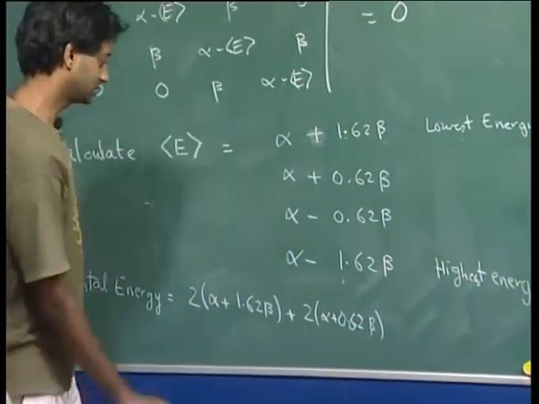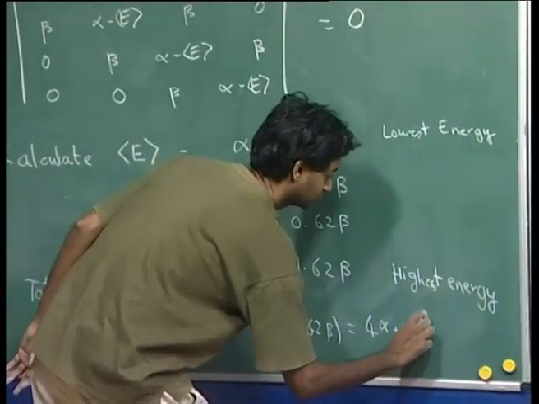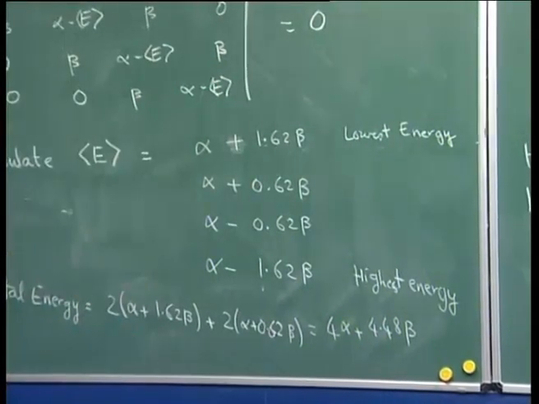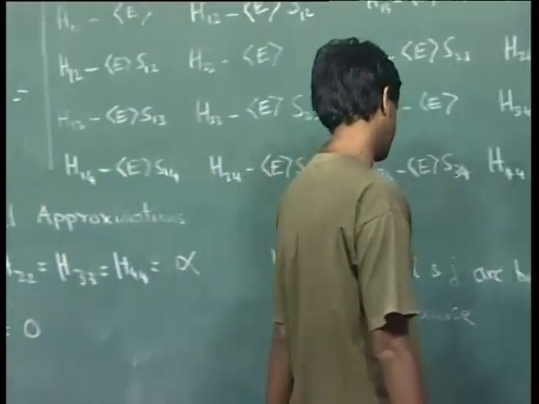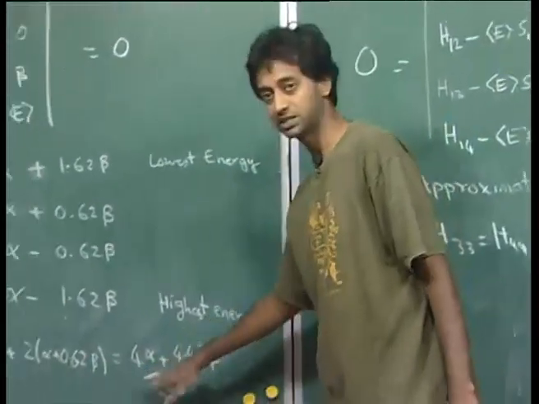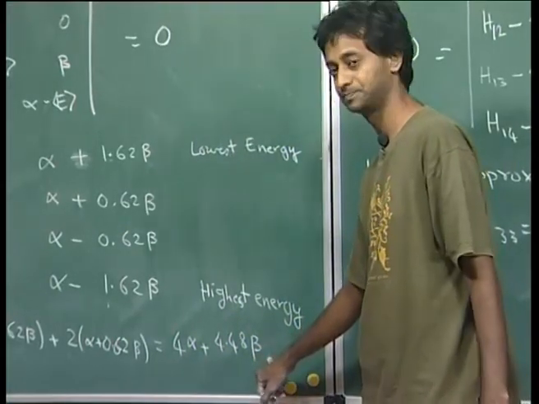This is equal to 4 alpha plus 4.48 beta. This will come out to this value. Now this 4.48 is actually quite interesting, and the way to understand why is the following. Remember, beta is negative.